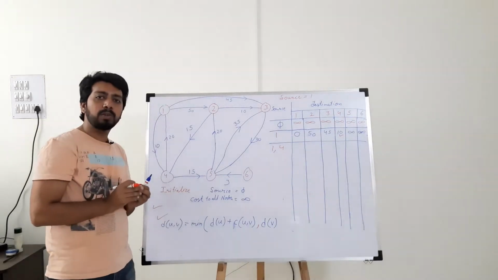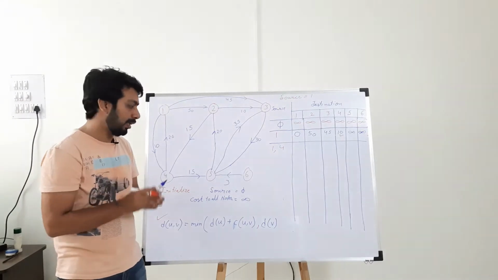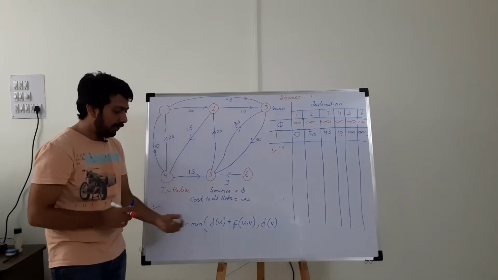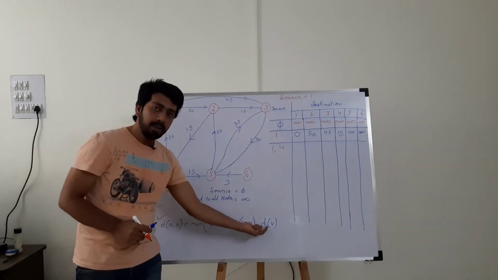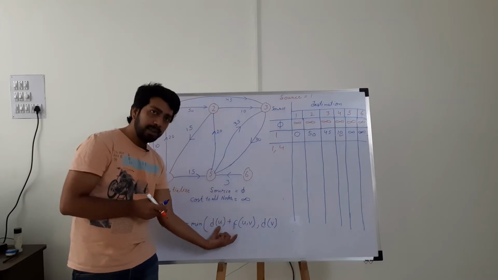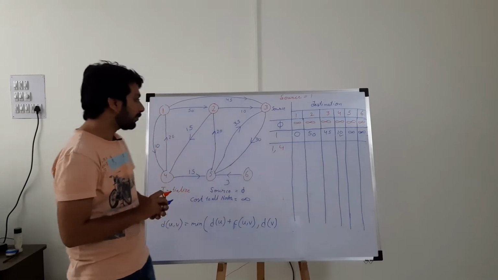We will always choose minimum cost because our problem is to find out the shortest path. So this is explained in this equation. We will find out the minimum cost either directly given previously, or we find out the new path via u. Here our u is 4.